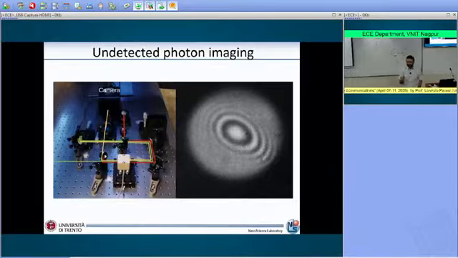But we are not looking at the red photons. We are looking at the yellow photon. And what we see is the fact that the properties of the yellow photon are changed because what we are changing is the properties of the red photon. And so we are looking at an object by using photons that have not interacted with that object.